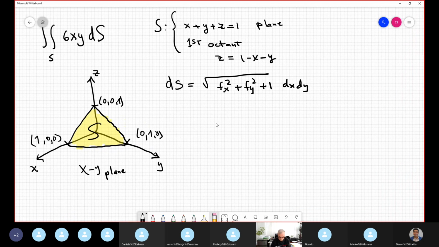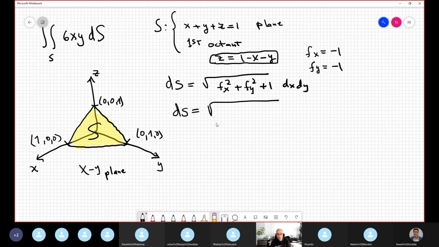Okay, partial derivative. When you differentiate the equation for the surface, which is the plane, the partial derivative with respect to x is negative 1. And when you differentiate with respect to y, it's negative 1 also. So dS is equal to the square root of negative 1 squared, which is 1, plus negative 1 squared, which is 1, and another extra 1 that we have, dx dy.